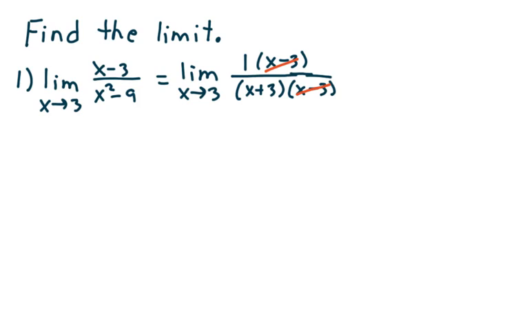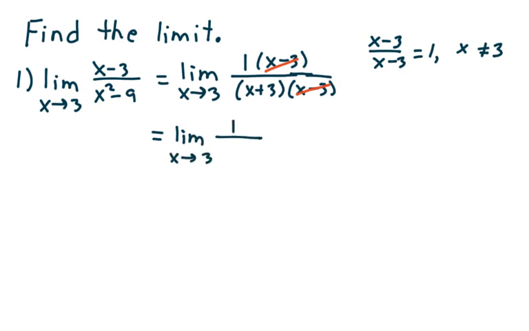Because remember, x minus 3 divided by x minus 3 is equal to 1 as long as x does not equal 3. And so this is equal to the limit as x goes to 3 of 1 divided by x plus 3.